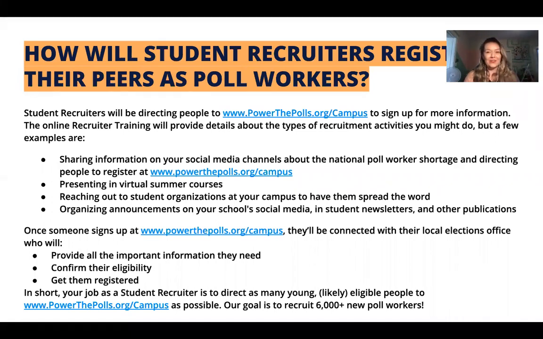How are student recruiters going to be able to register their peers as poll workers? Well, through our partnership with Power the Polls, we have created a custom URL. So these recruiters are going to be directing people to the website powerthepolls.org/campus to sign up for more information about becoming a poll worker locally.